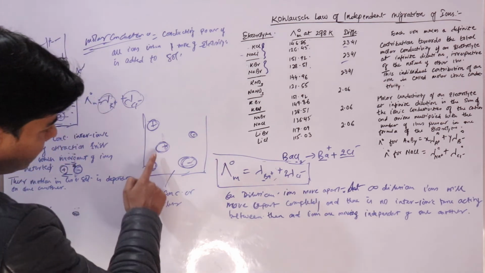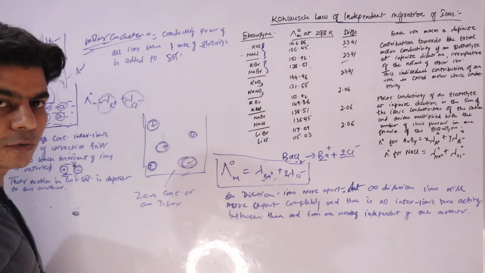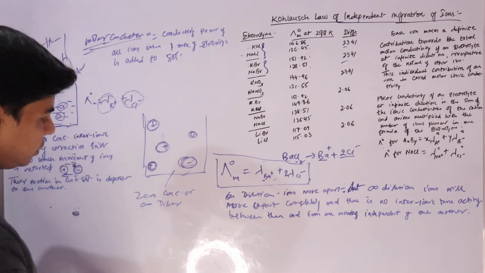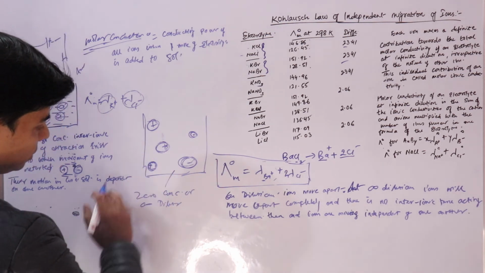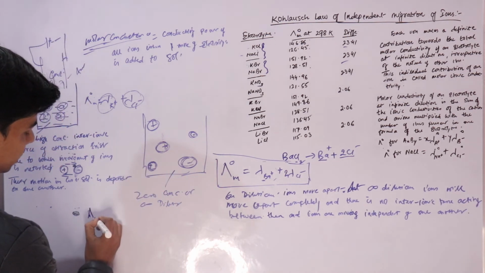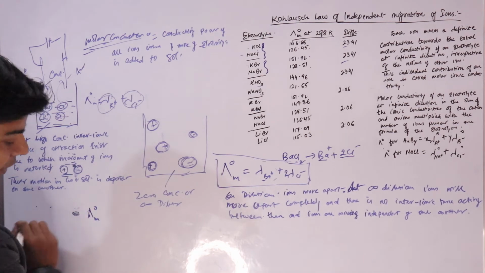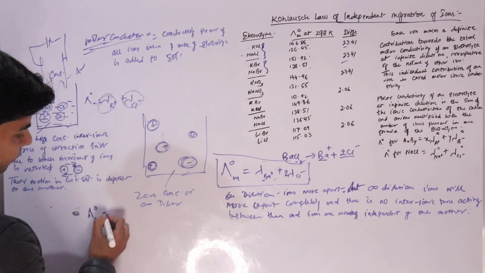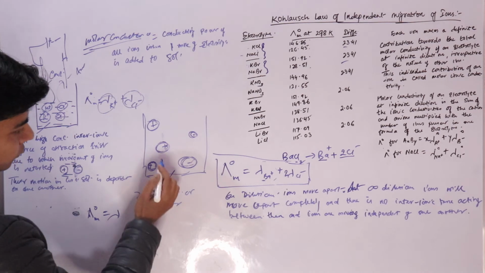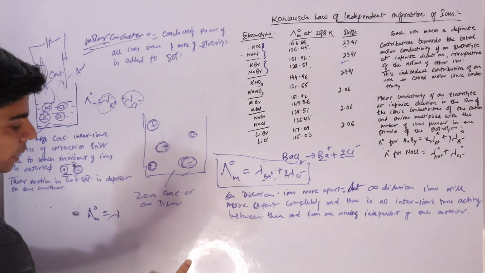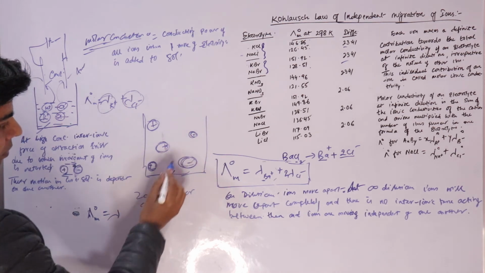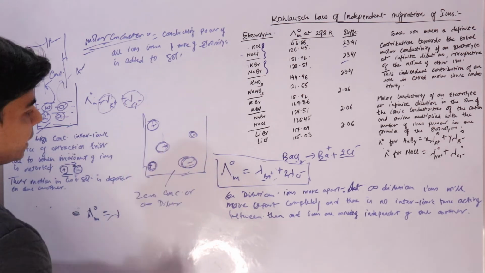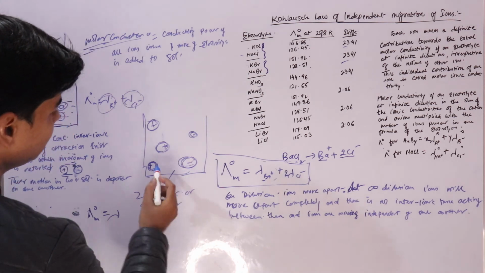Since these ions are moving independent of one another, I can apply Kohlrausch's law here, because there is no force of attraction between the ions. So molar conductance at infinite dilution is equal to the sum of the ionic conductivities of the positive ions plus the ionic conductivities of the negative ions.